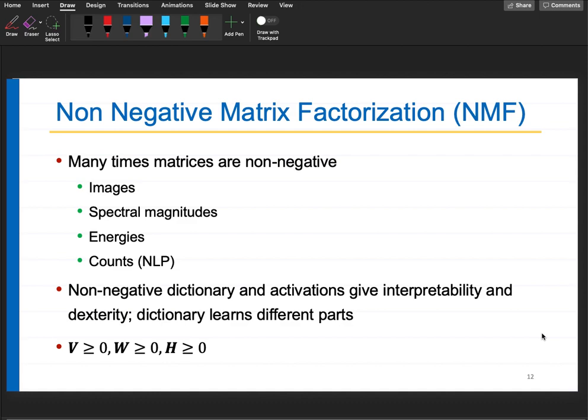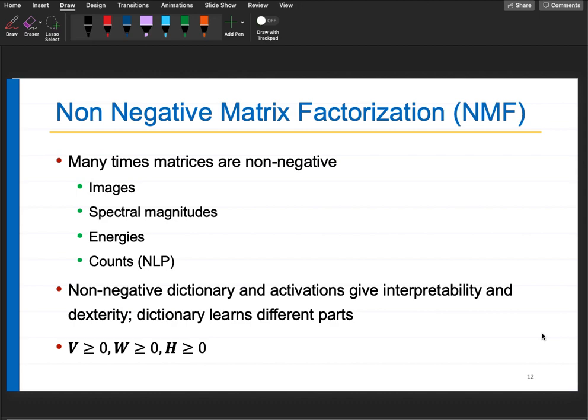Now let's come to the next example, which is non-negative matrix factorization. If you want to put the constraint that my data V is non-negative, non-negative means it can be either positive or 0, but it cannot be negative.